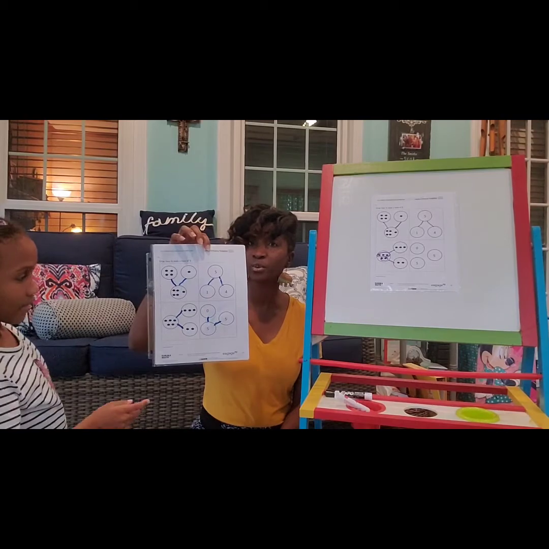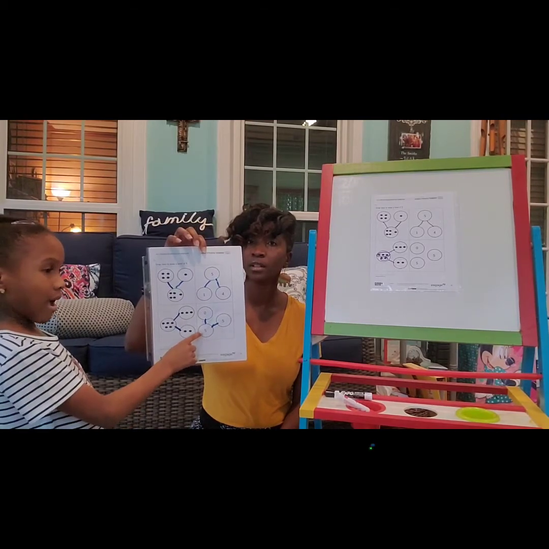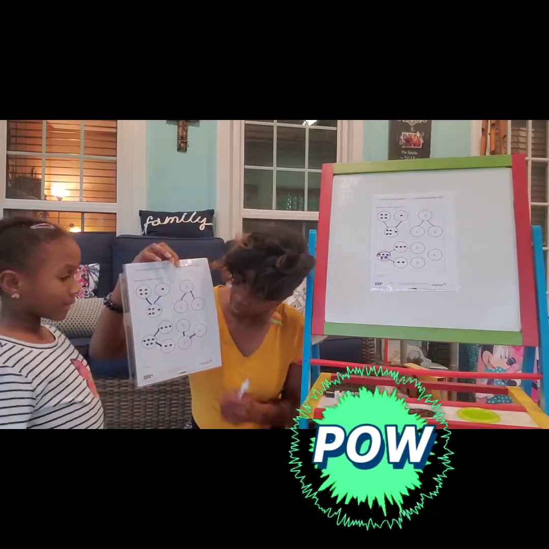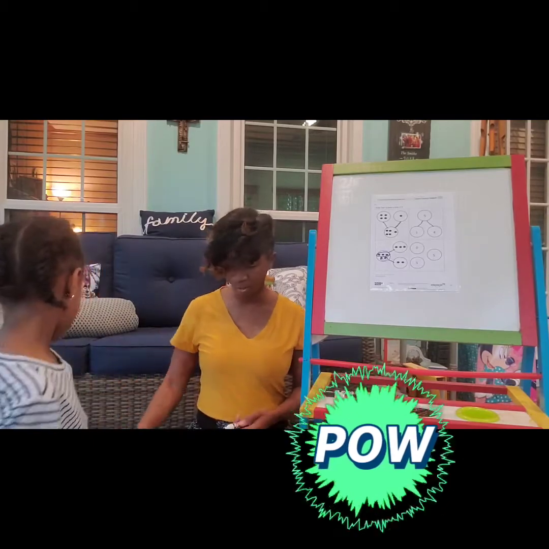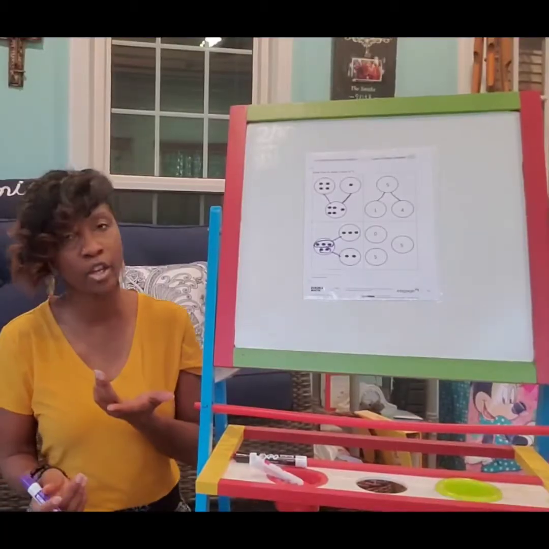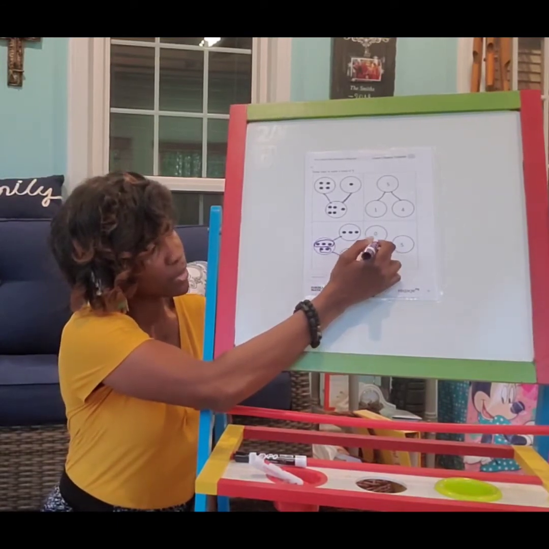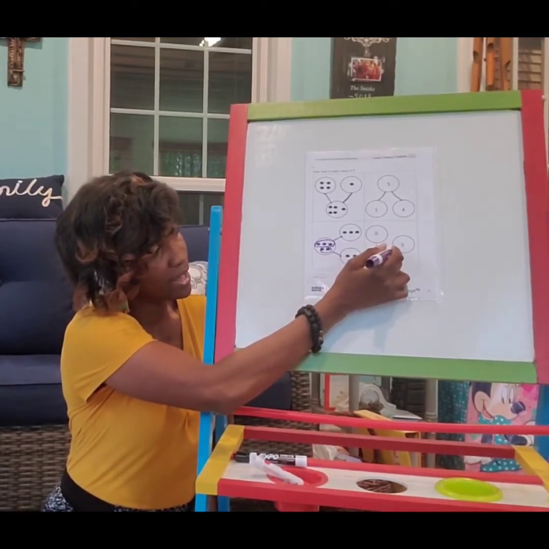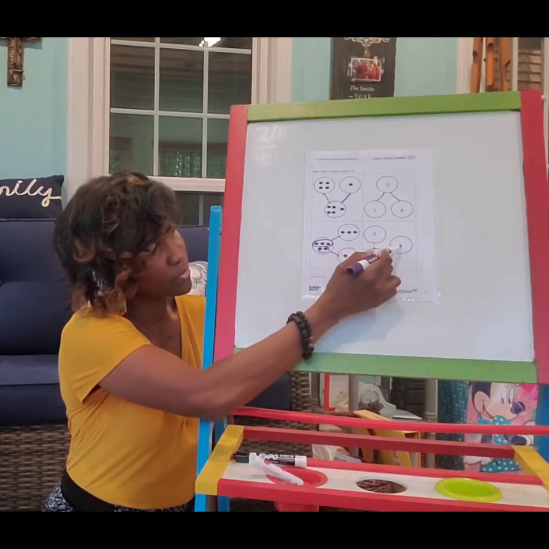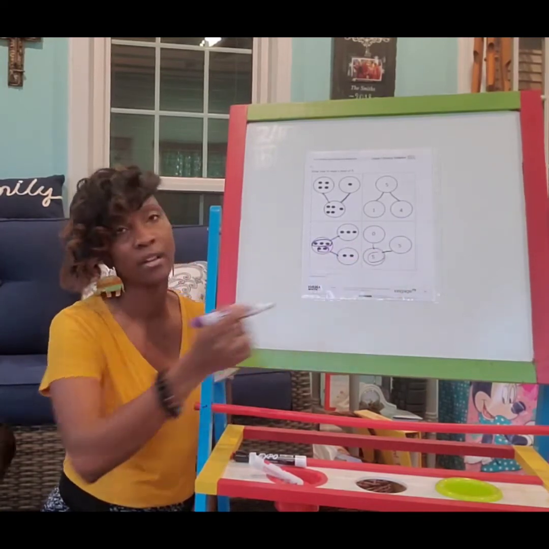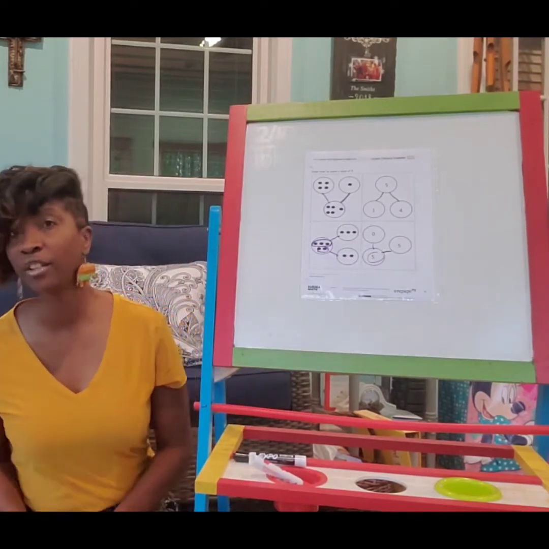There are 2 5s. Which one is your whole? Right there at the bottom. Very good, because that's where your lines are going to. So either 5 could be your whole because it's the same number, but as long as you have the 0 that goes to the 5 and that 5 that goes to the 5, that shows me 5 plus 0 is what? 5. Then you did it correctly.